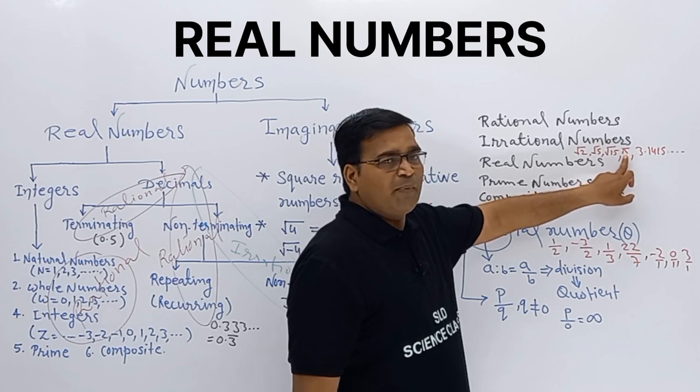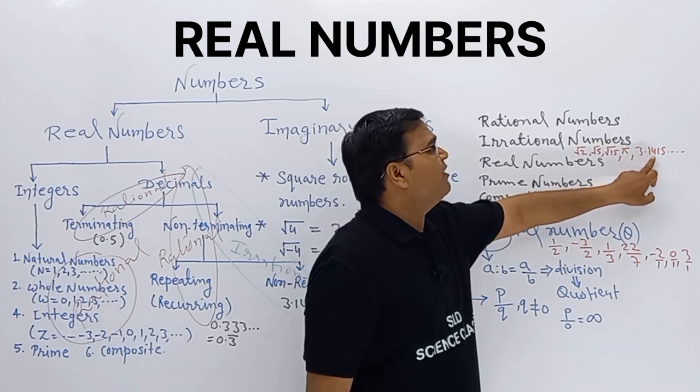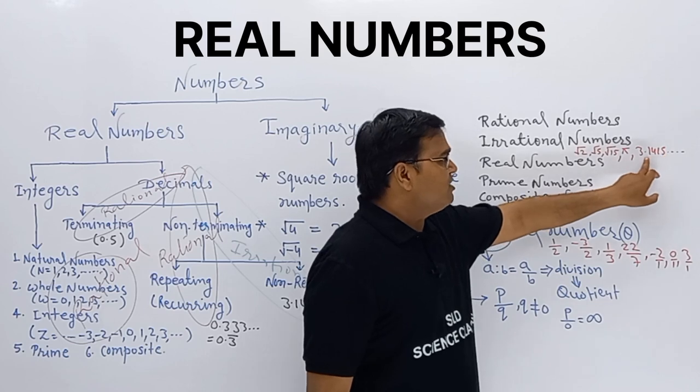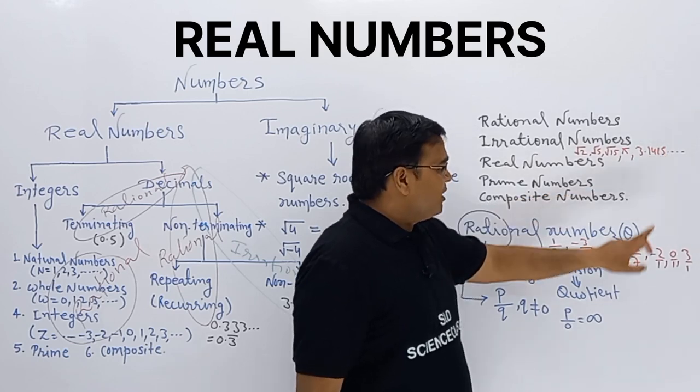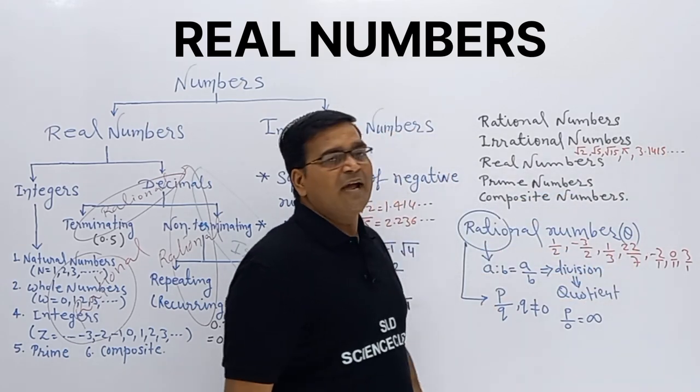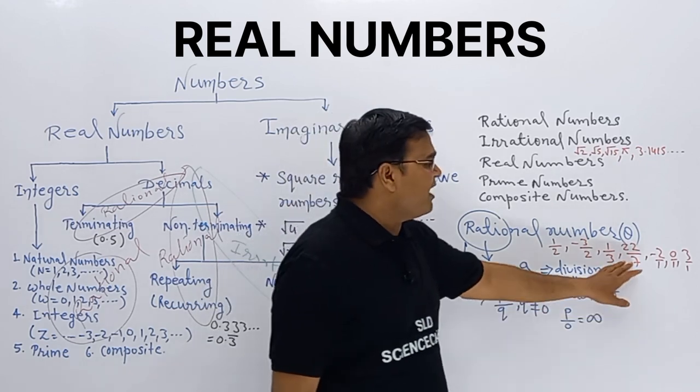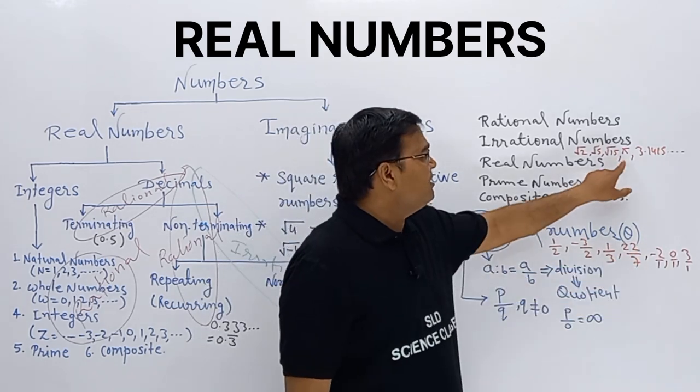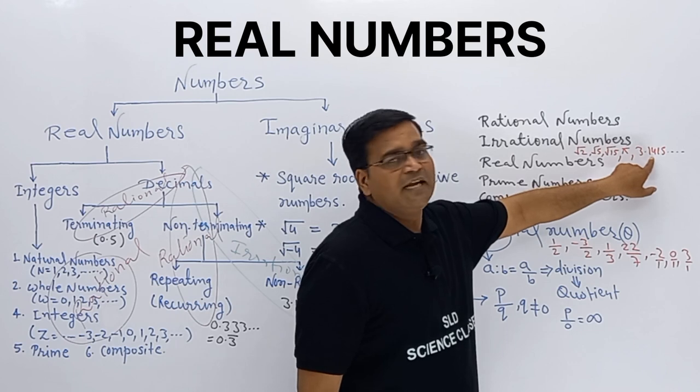Why? Pi has the standard value 3.1415 and so on. 22 by 7 is rational: once we divide, we get repeating blocks, but in pi we are not getting repeating blocks.